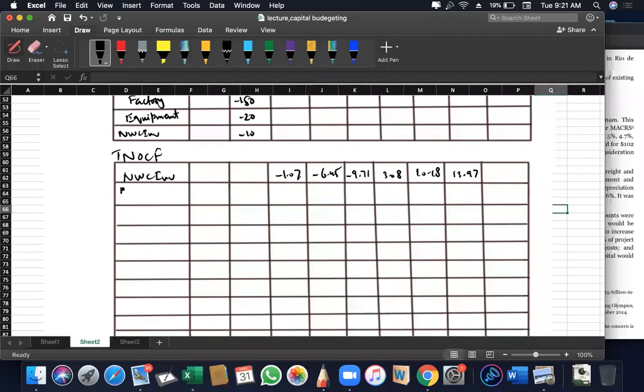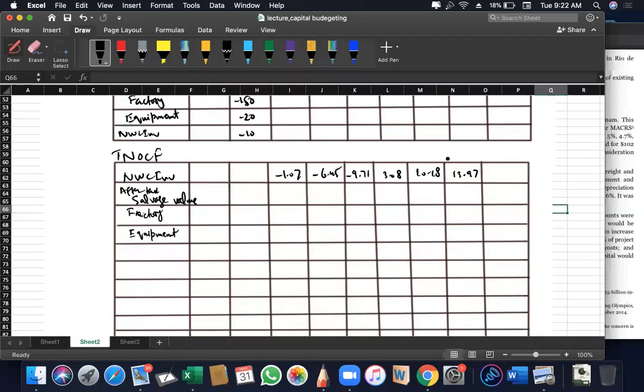So after tax salvage value, we have two things. One is factory and the other one is equipment. We will talk about the project in the next class.